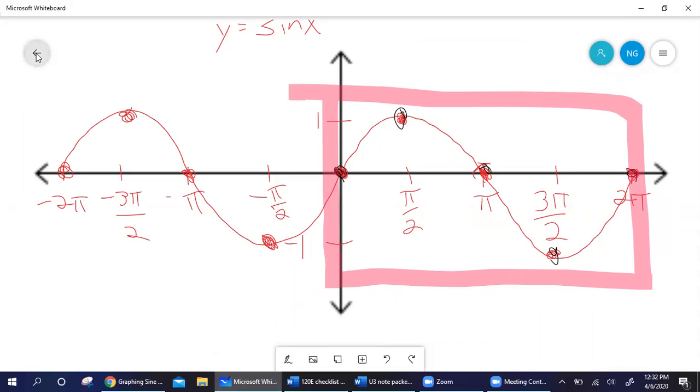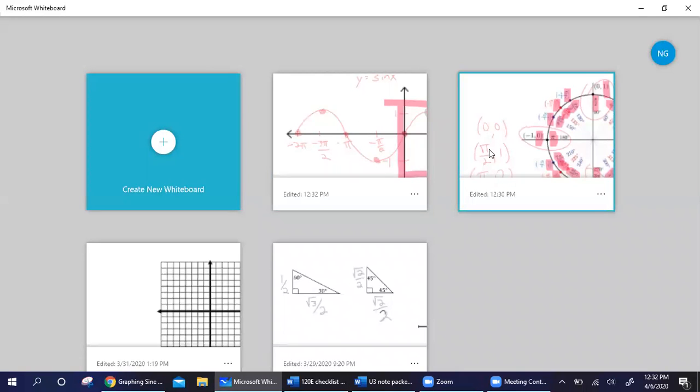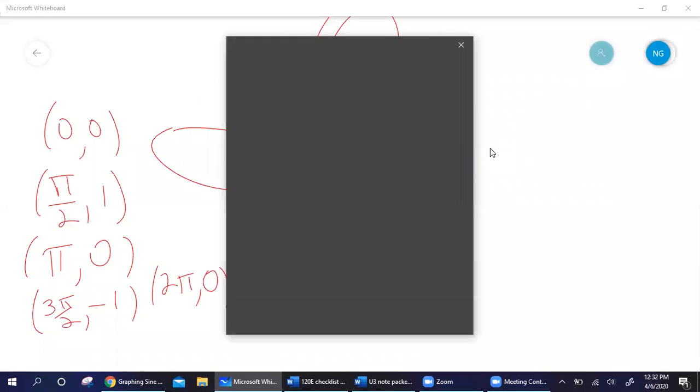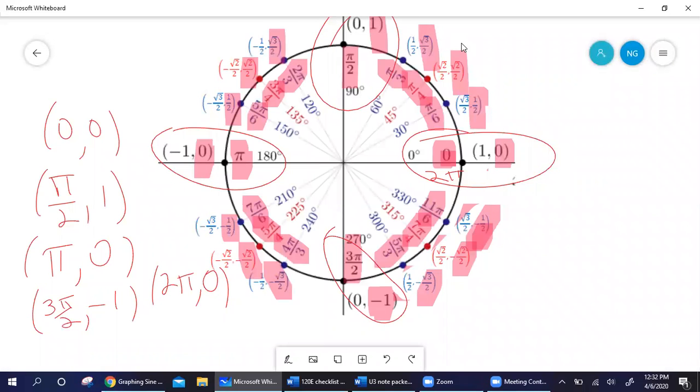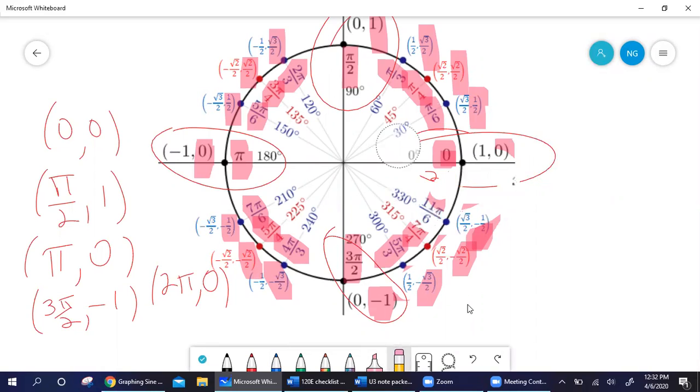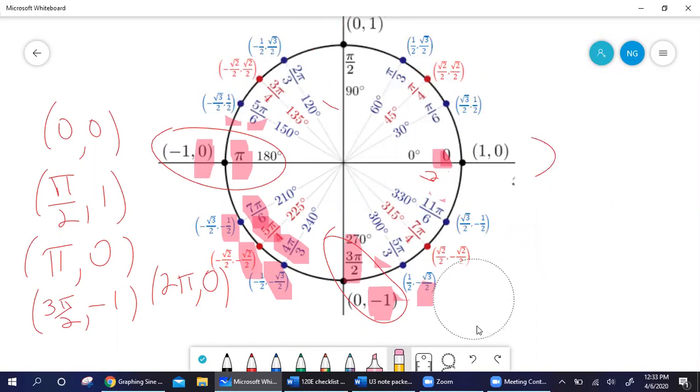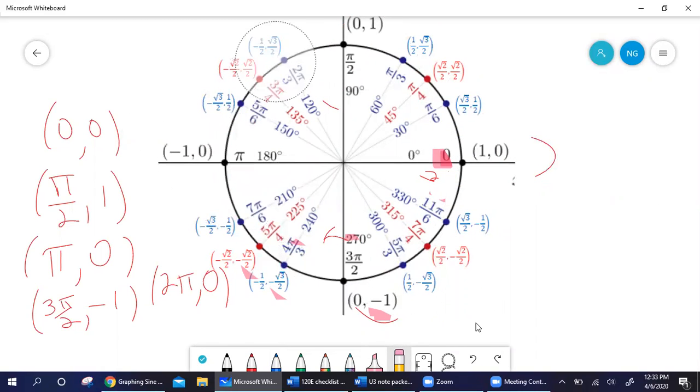For cosine, now we're looking at the angles and their x coordinate. So my angles are going to be the same: 0, pi over 2, pi, 3 pi over 2, 2 pi.